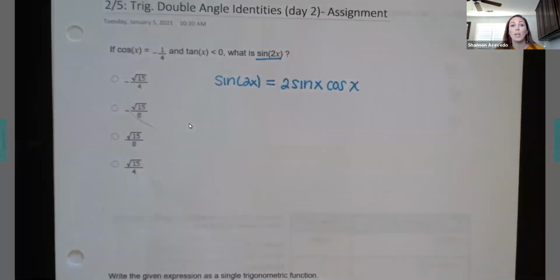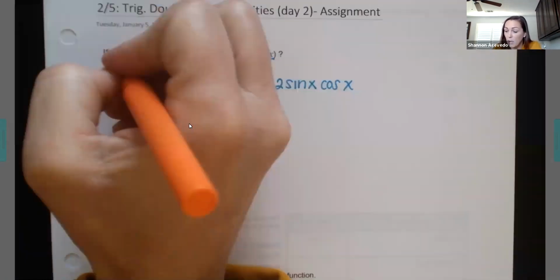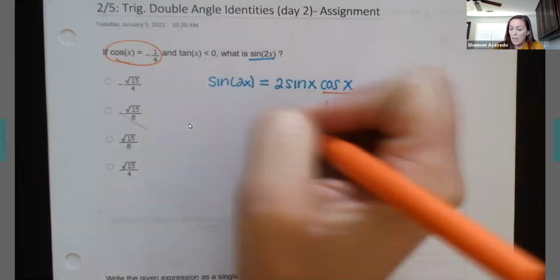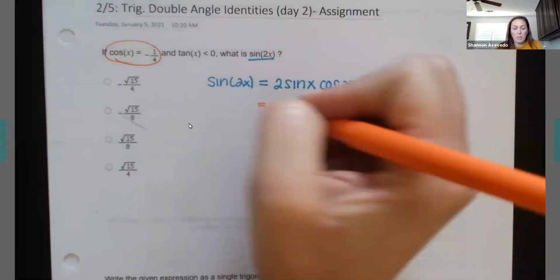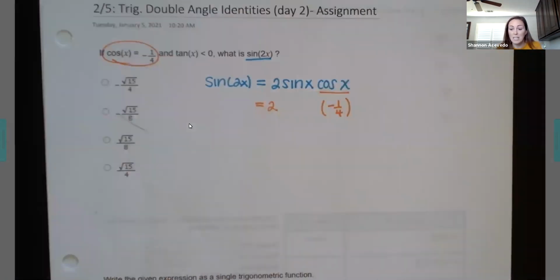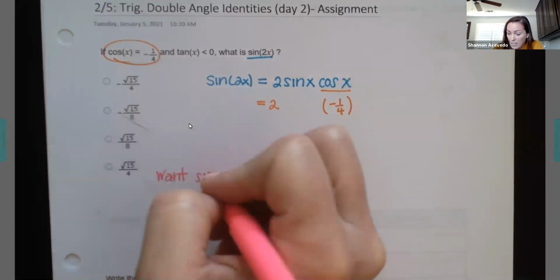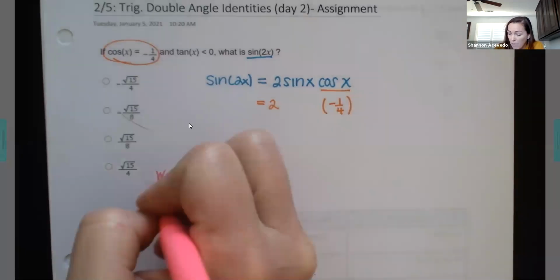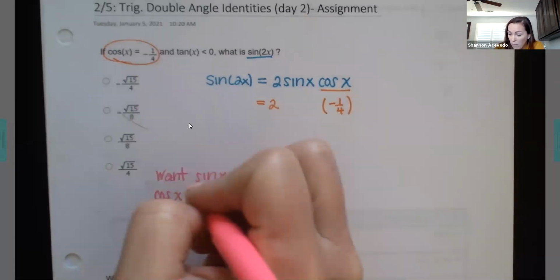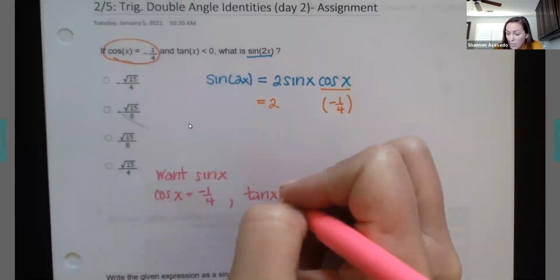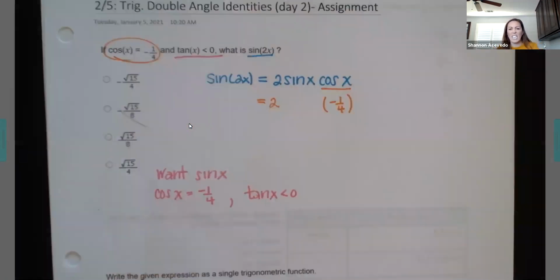It's a double angle. So, all right, I look at what I'm given. I know that cosine of x is a negative 1/4. This piece right here is a negative 1/4. Perfect. I know that this is going to be a 2. My problem is I don't know what sine of x is, so I've got to figure out sine of x. We know cosine of x is equal to negative 1/4, and I know that tangent of x is less than 0. What does that mean, that tangent of x is less than 0?